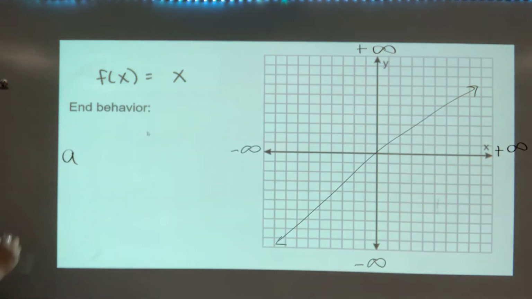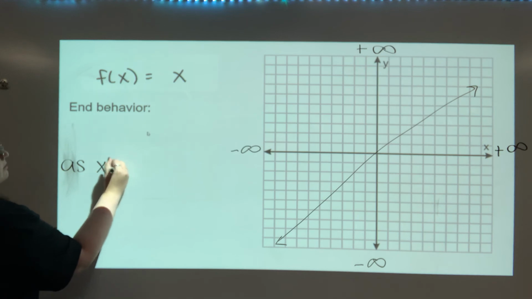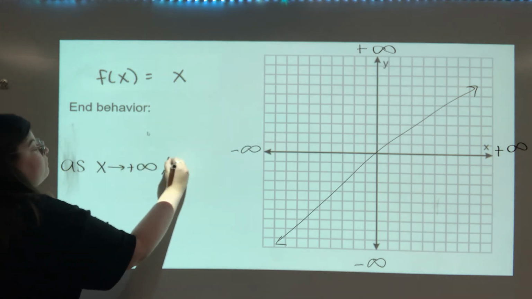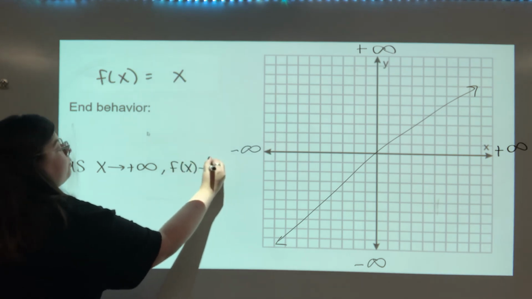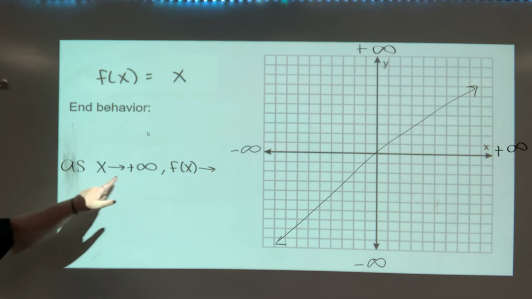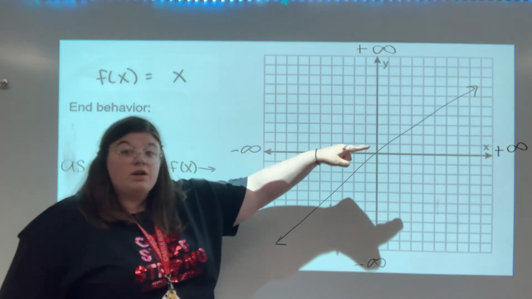So I'm going to write out that little notation that we had. Let me move it down a little bit. So as x approaches positive infinity, f of x approaches what? Positive or negative infinity. So as x increases without bound, as we travel this way, x is getting bigger and bigger and bigger.